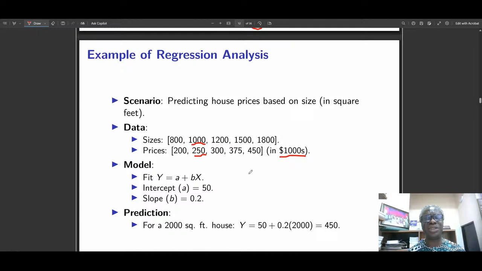So the model we are trying to fit is to see how to predict the price based on the size of the house in square feet.